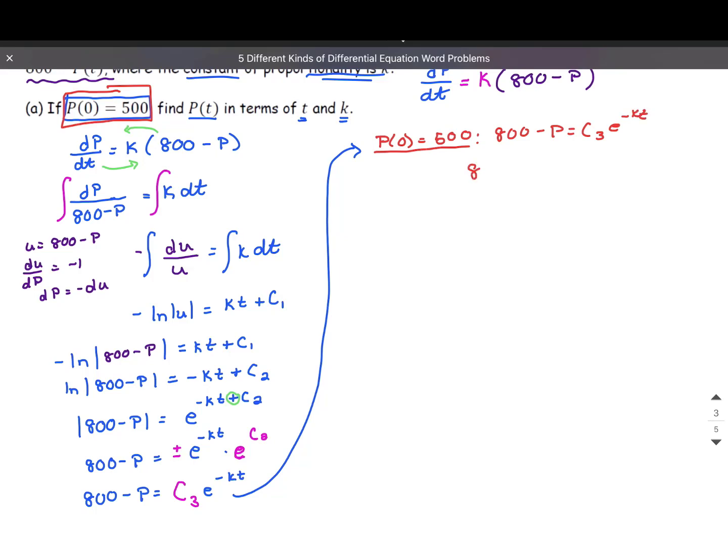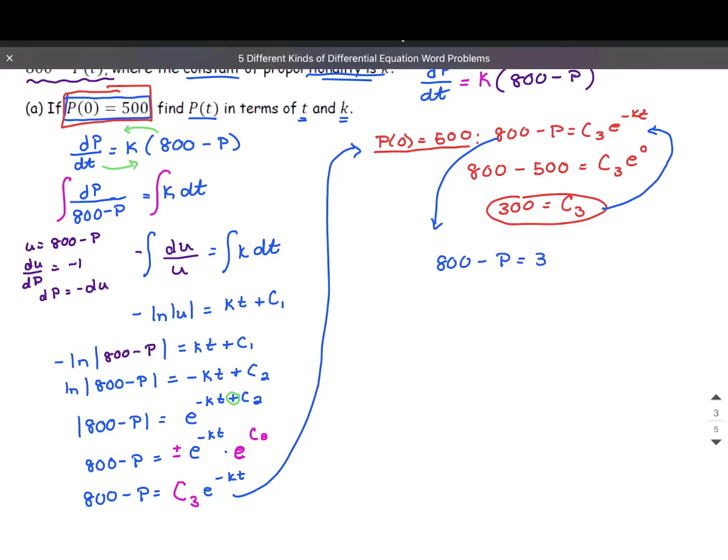So this would be 800 minus p, and this initial value is 500, equals c sub 3 e raised to the negative k times 0, which is 0. 800 minus 500 is 300, equals c sub 3, and e to the 0 is 1, so now we know c sub 3. Now we're going to take this and plug it into that equation, and we're going to have 800 minus p equals 300 e to the negative kt.